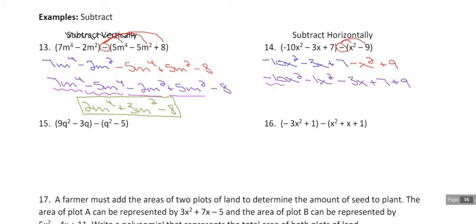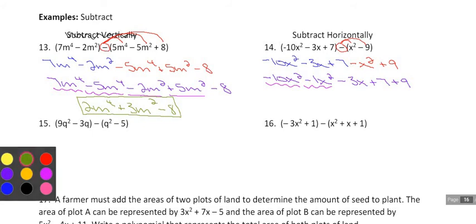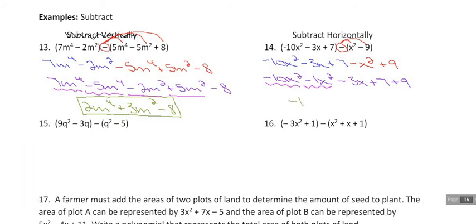So let's combine. Negative 10x squared minus 1x squared is negative 11x squared. I don't have anything to go with that minus 3x, so we drag it down in its position in our standard form. And then we have a positive 7 plus 9 gives us a positive 16, so plus 16.